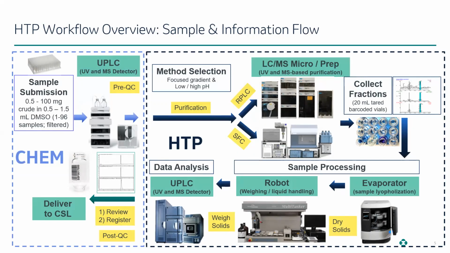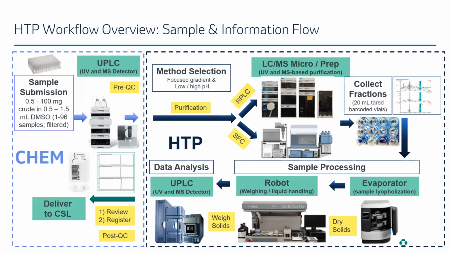So to begin, from chemistry, we receive a singleton or a library of compounds in a 96-well plate with a crude QC. The determination is then made on method conditions and the type of purification. So for example, either micro or semi-preparative purification with reverse phase liquid chromatography or supercritical fluid chromatography.